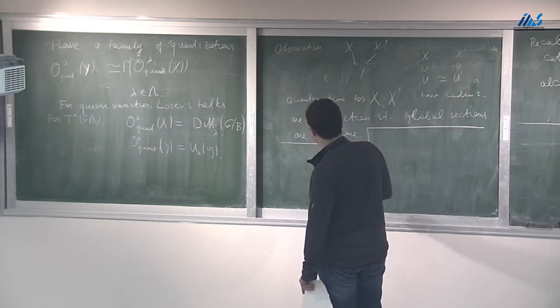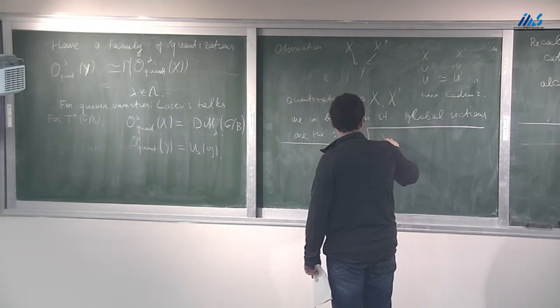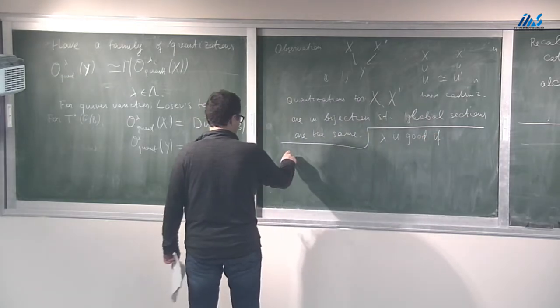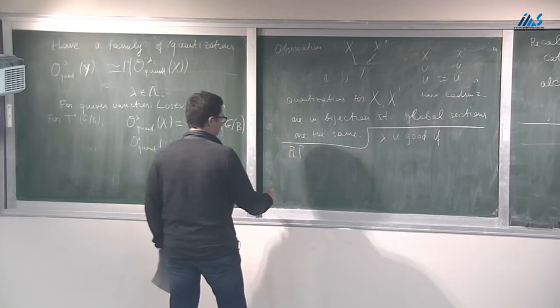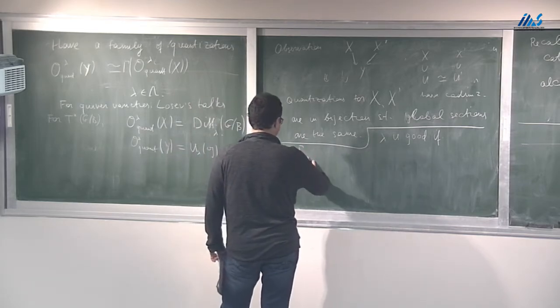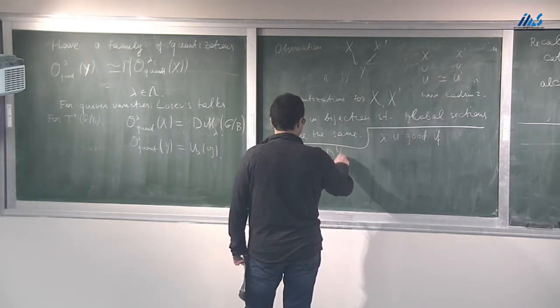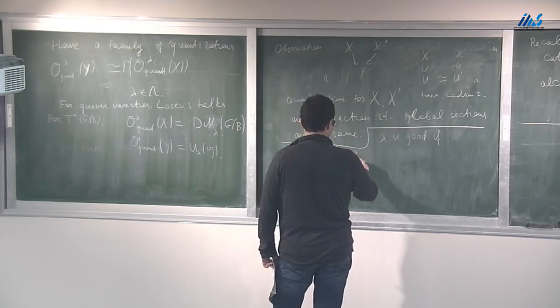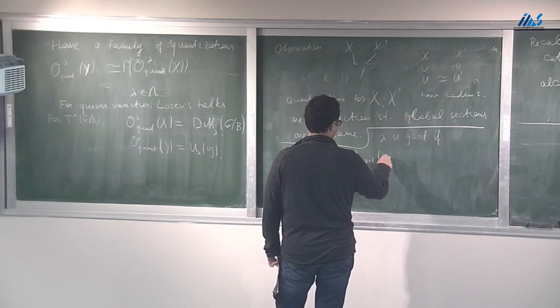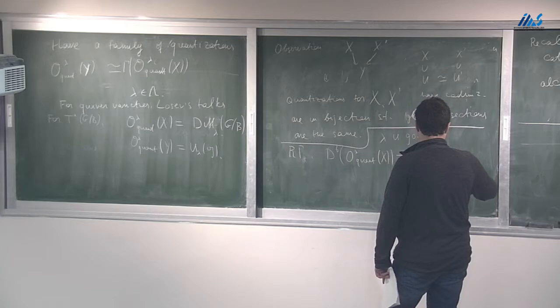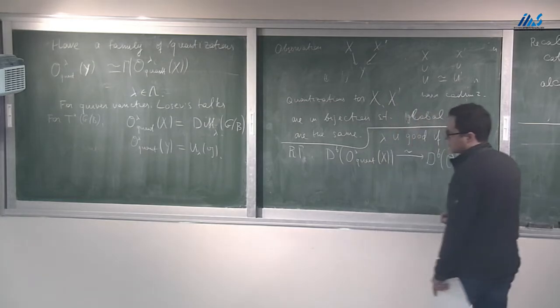And so we'll say that lambda is good if we have the derived localization theorem, that is, if R gamma lambda, which is just R gamma from the derived category of sheaves of O lambda quantum on X to the derived category of O lambda quantum of y, is an equivalence.